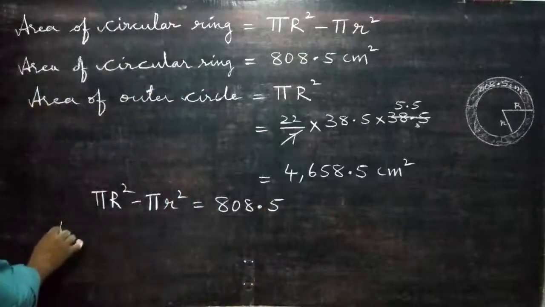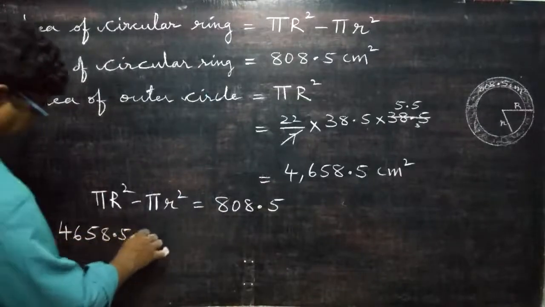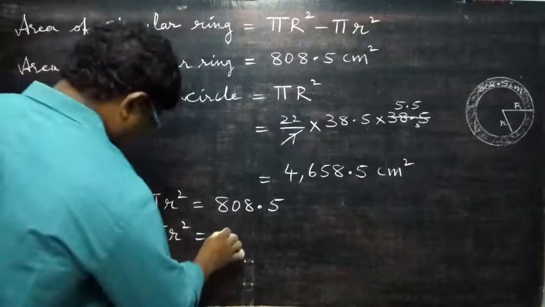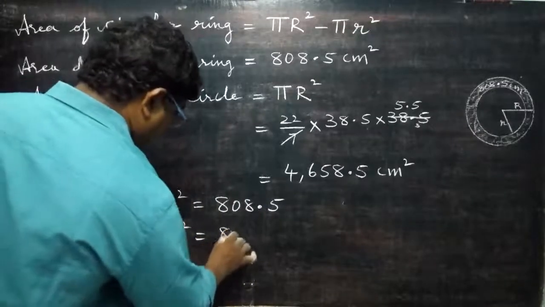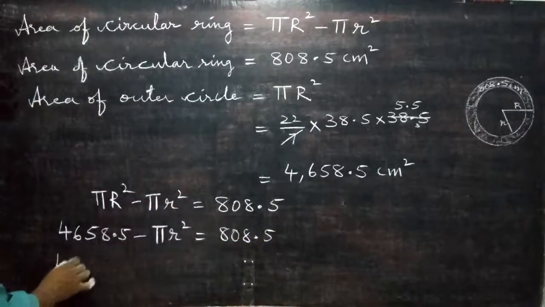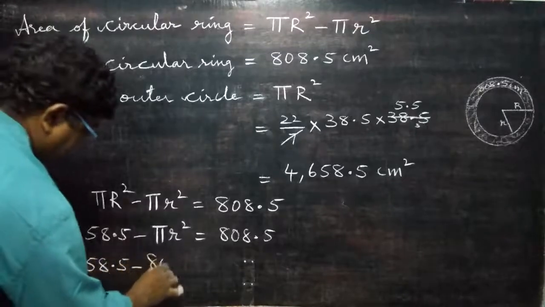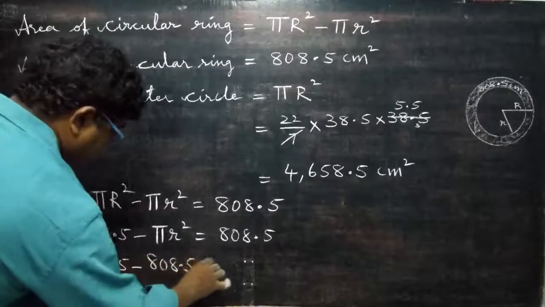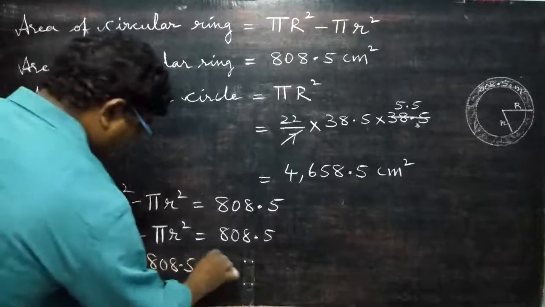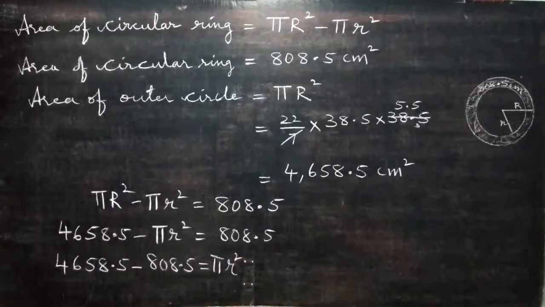Now here 4,658.5 minus pi r square is equal to 808.5. Now bring 4,658.5 minus 808.5 is equal to, minus going plus came minus, now minus going from left to right, pi r square. Now simplify.